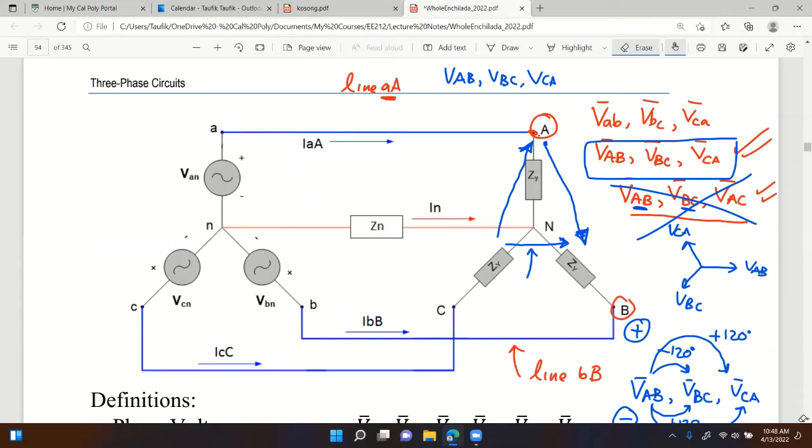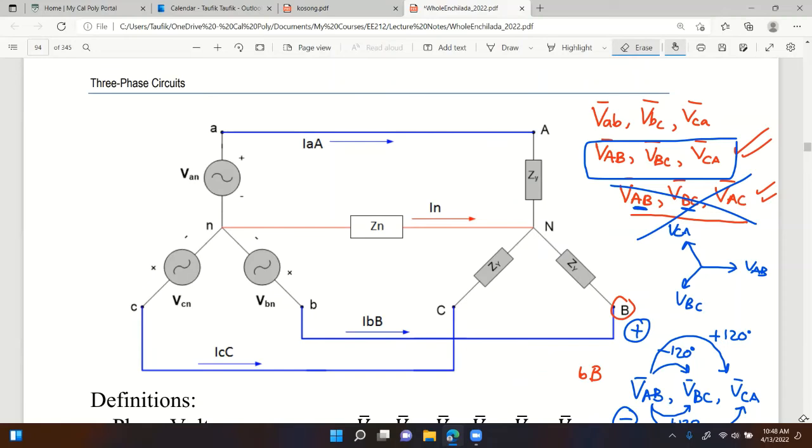Another definition that I would like to introduce today would be currents. Just like voltages, in 3 phase we also have what we call phase current and line current.